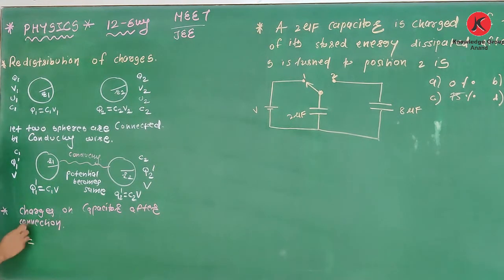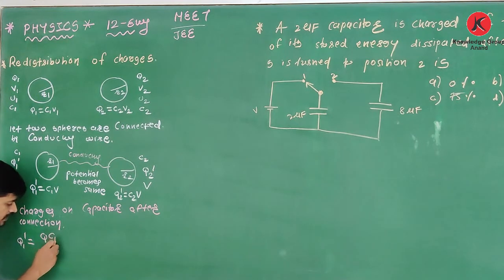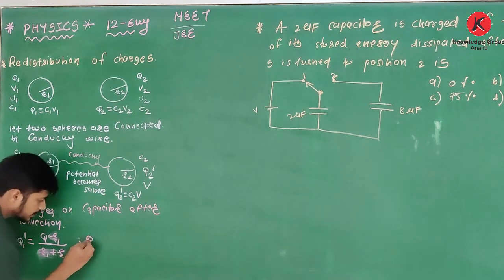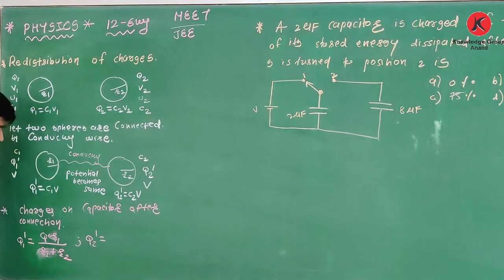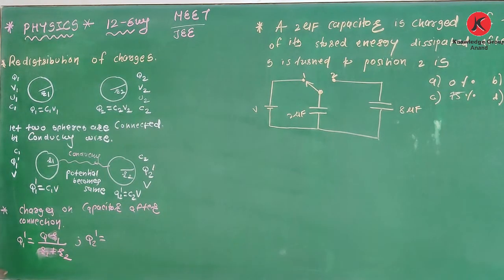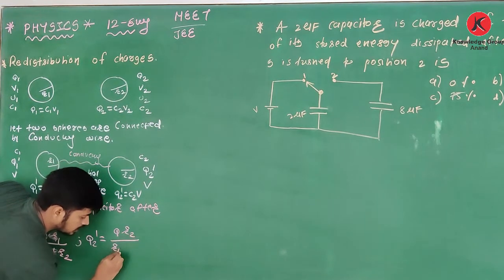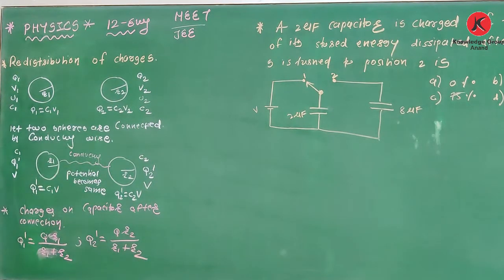Q1 dash, the charge on the first capacitor, is equal to Q R1 upon R1 plus R2, and Q2 dash is equal to Q R2 upon R1 plus R2.